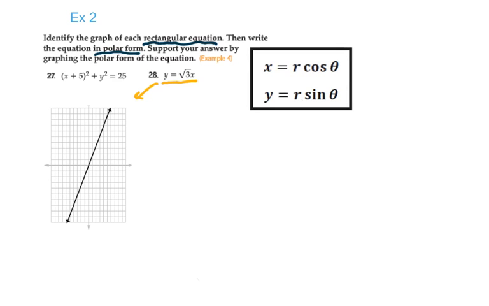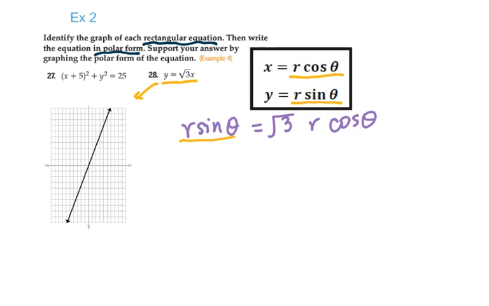Therefore, we plug in r cosine theta for x and r sine theta for y. We get r sine theta equals square root of 3 r cosine theta.